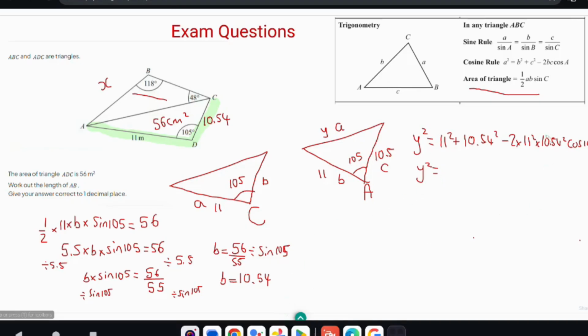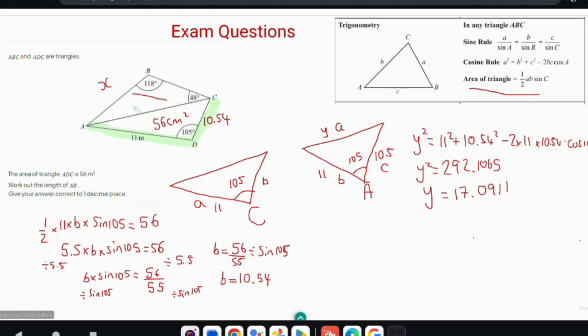I do not know why I put these squares here. We do not need those. Hopefully you spotted that. It's 2 times B times C. Square root both sides. Y is 17.09.